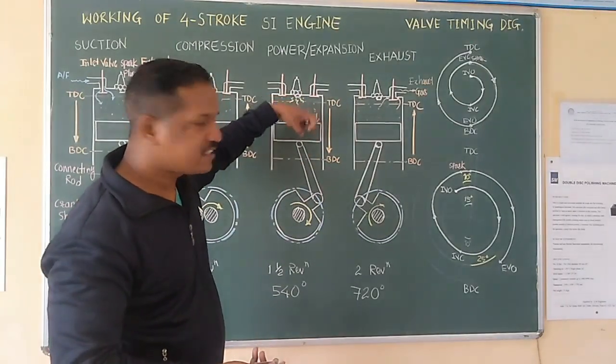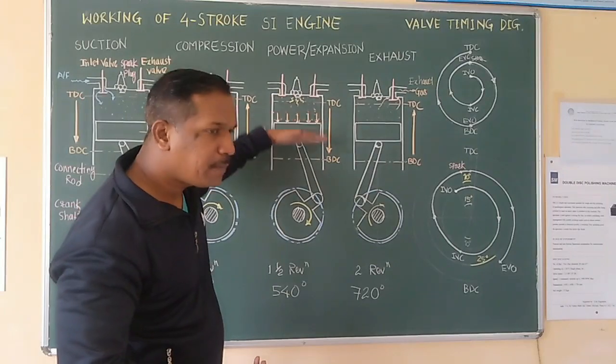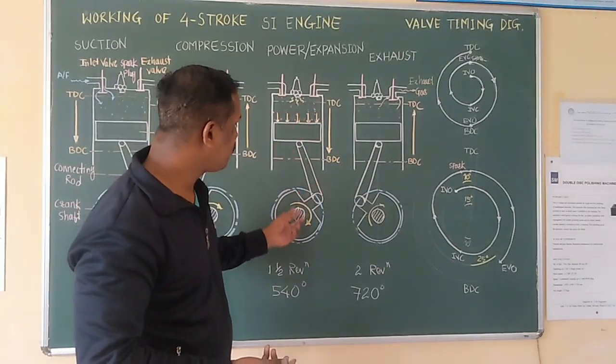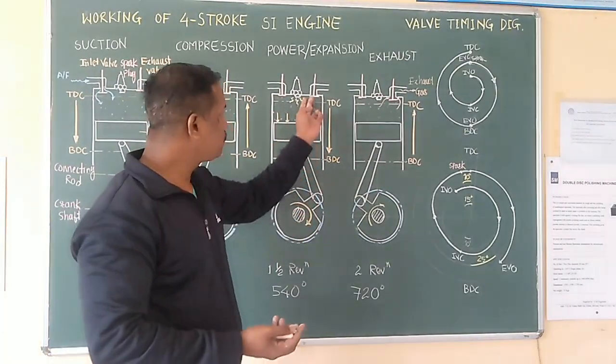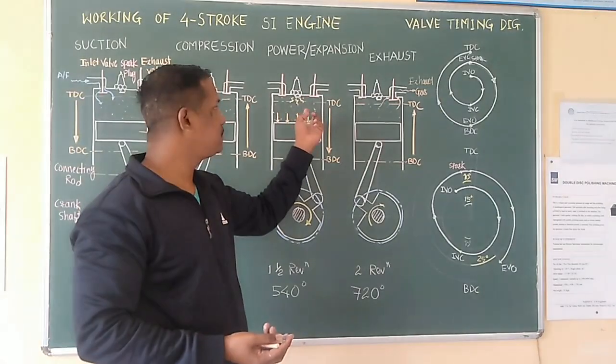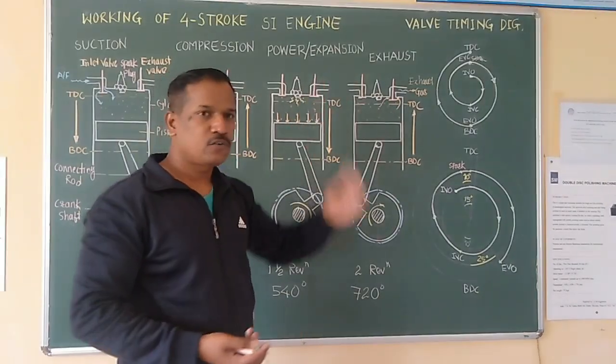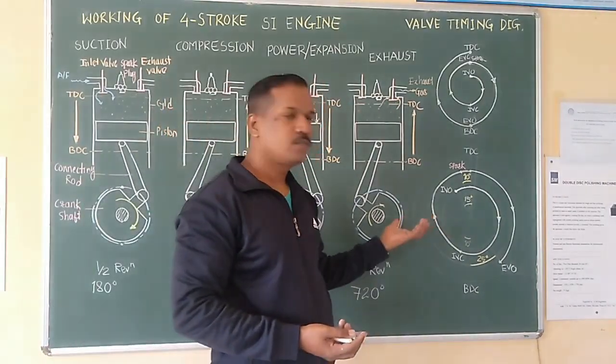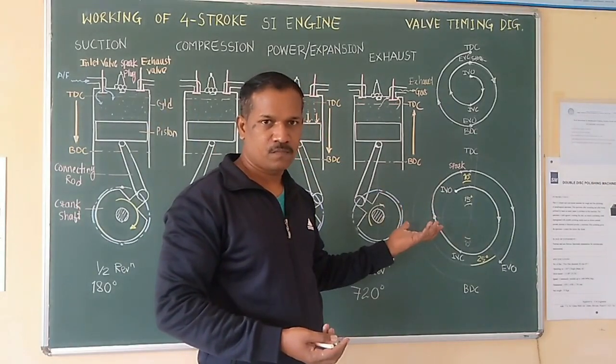Secondly, whatever the excess pressure, it is not going to damage the piston, connecting rod, bearings, anything, because the valve is open. So whatever the excess pressure, it moves out due to its own pressure.